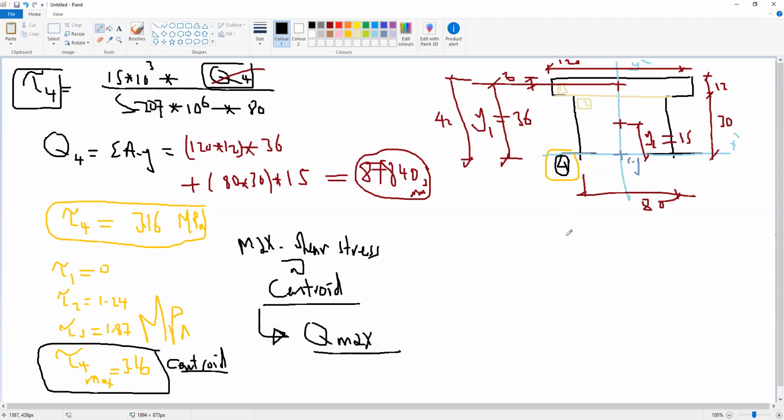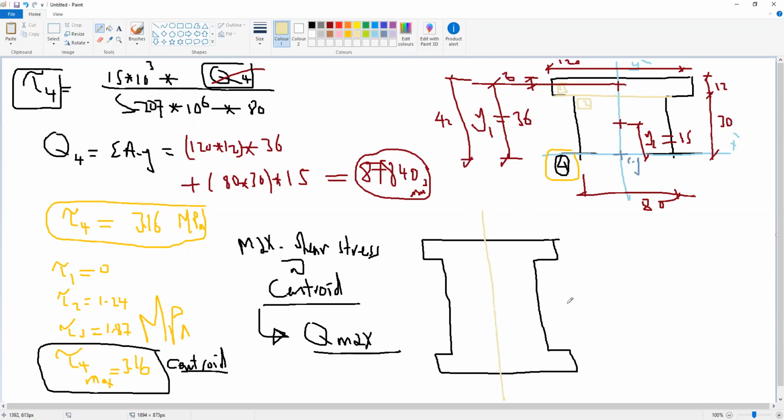So now if we want to finalize this problem, the requirement was to plot the shear stress distribution. Now we got the value of the shear stress, so the final step is to draw the shear stress distribution. This is our neutral axis, or our y bar, y dash and x dash.